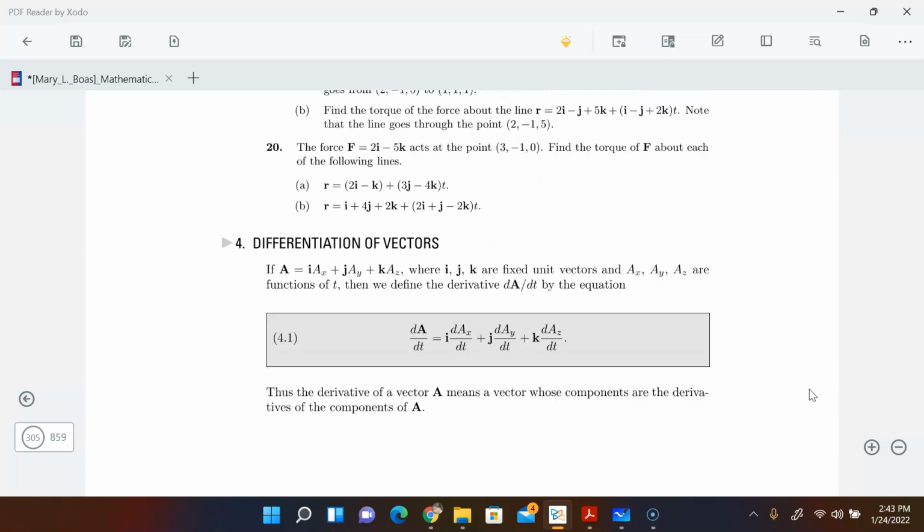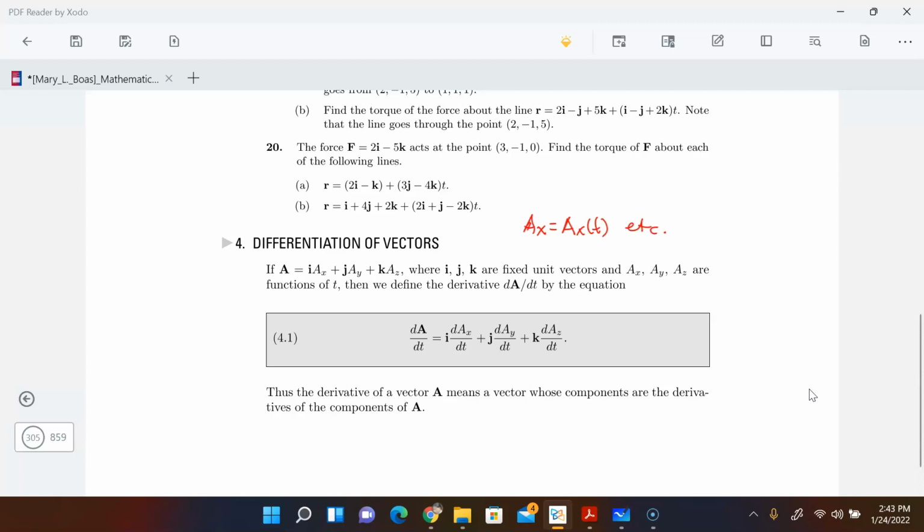Now so far, apart from the change of coordinates just now, we have not done any kind of calculus with respect to vectors. So now we are introducing that. Here one could think of a vector given by these components ax, ay, az, where each of these components is going to be a function of t, for example.